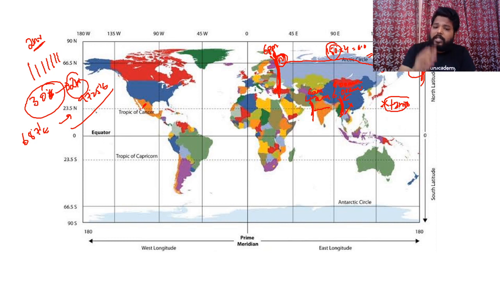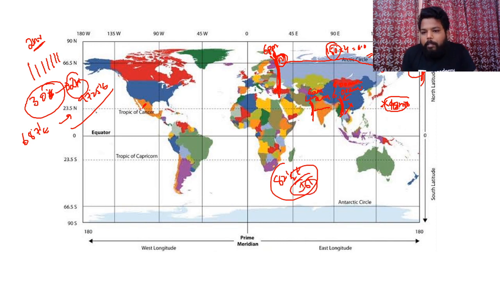To avoid such confusions, every country maintains a standard time zone line. Using one particular longitude, a country maintains a standard time zone line. In such regard, India, by using 82.5 degrees east longitude, has calculated the Indian standard time zone line.